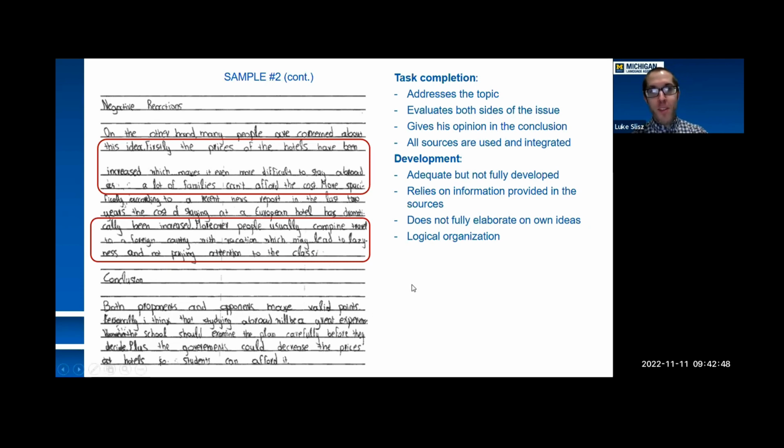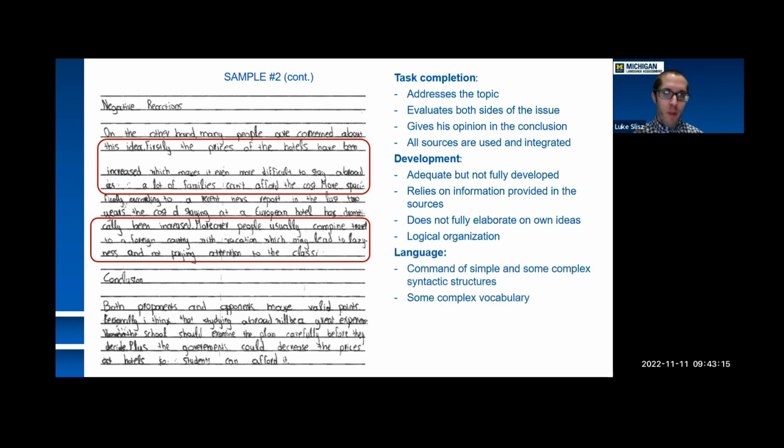This first paragraph on this page here, 90% of it is just information from the sources, not so much the speaker's own voice. So they're not really elaborating on these ideas. They're just kind of introducing them and then moving on very quickly. But they do organize the information clearly. As I mentioned before, positives are in one paragraph, negatives are in one paragraph, and the headers help to make it clear what they're talking about to the reader.